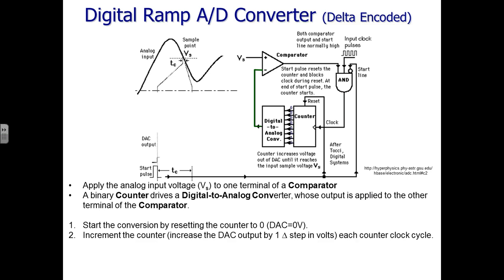And it keeps on counting up, and the D to A converter keeps stepping up its output voltage as the binary counter increases, until the comparator trips, because the output of the D to A converter is now higher than the input voltage coming in. When it trips, that stops the counter, and the number on the counter output is effectively used as the binary representation of the voltage level that came in.